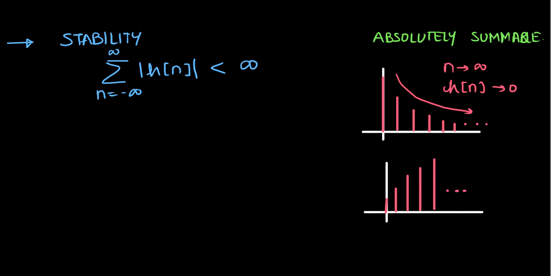Now this is increasing in nature, which implies that as n tends to infinity, my h of n will also tend to infinity. If we go on adding the values of h of n till infinity, we are sure to get an infinite value, and hence this type of impulse response is not absolutely summable.